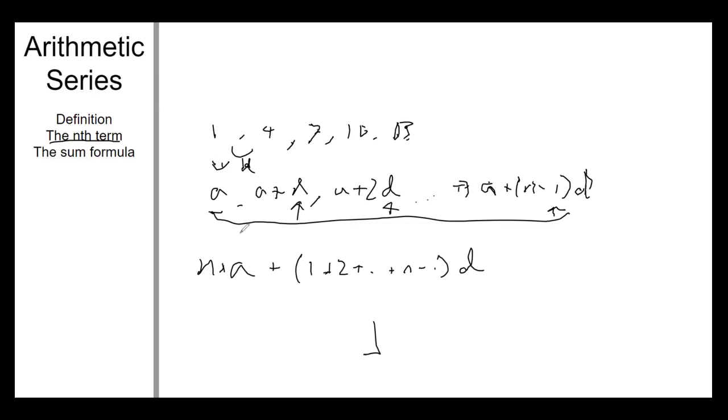Just a key point, if you don't know the closed form of 1 plus 2 plus 3 all the way to some number, this is pretty well known. In this case, since it's up to n minus 1, this would just be n minus 1 times n over 2. The way that this formula is derived ties directly into my second approach, which I think is a bit easier. So I'll get into that a little bit later.